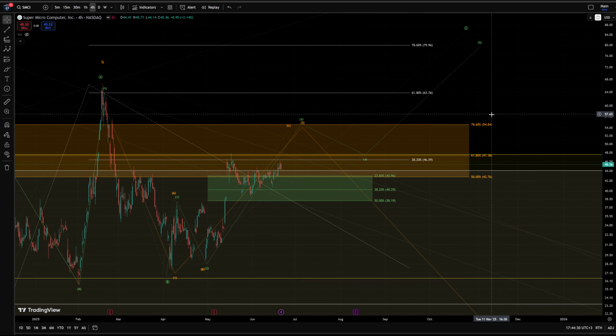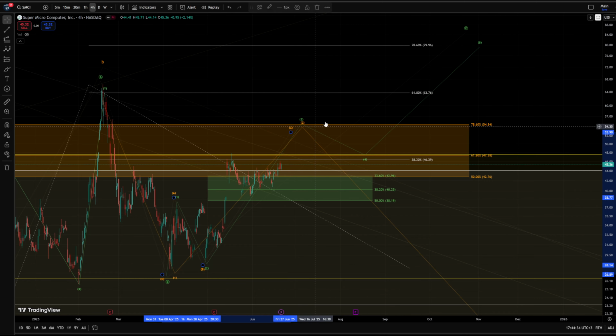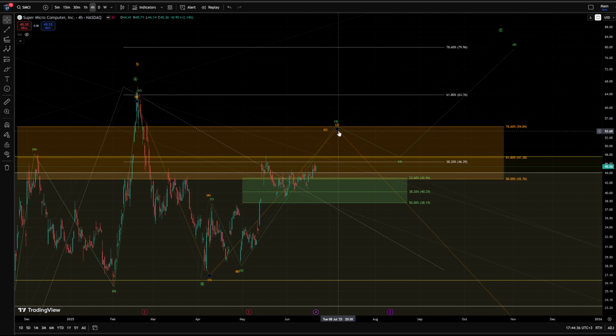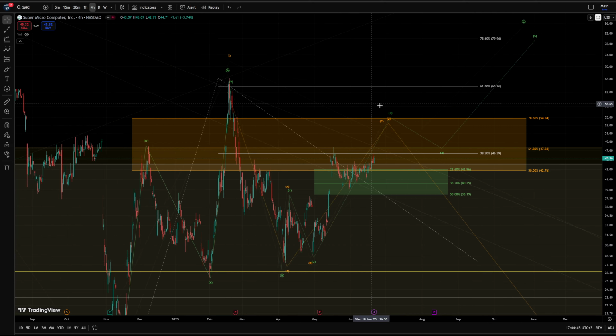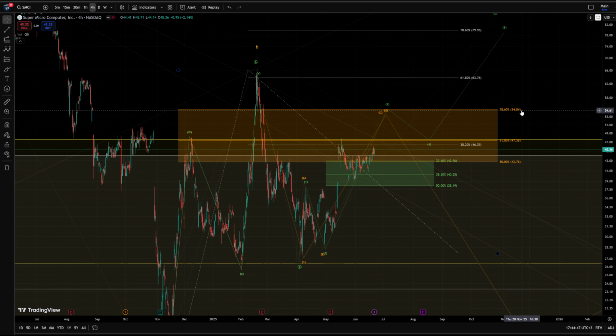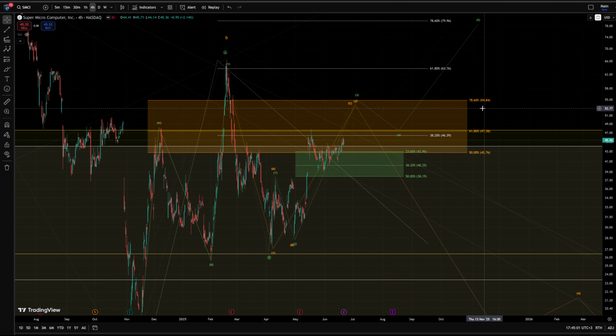And following the orange support zone, I can't give you a target for the third wave to the downside yet, because the second wave here doesn't seem finished yet. It could have ended here, but I like to believe that we are still forming it. If we break above this $55 resistance, we can track the green count, and if we break below the 50% retracement here in the green count, the $38, we can look for lower.